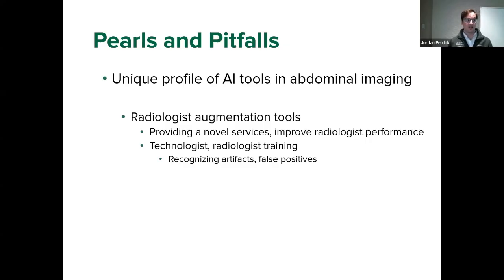For AI applications that suggest a diagnostic category and highlight key findings, we have to be very cautious that we are not overly dependent on them and are not trusting their output over our own clinical judgment and our own expertise and training. That's important to remember for all of these AI applications involved in image interpretation. They are radiologist assistant tools. We are still ultimately responsible and liable at the end of the day for the output of the AI application and ensuring that our final report is correct.